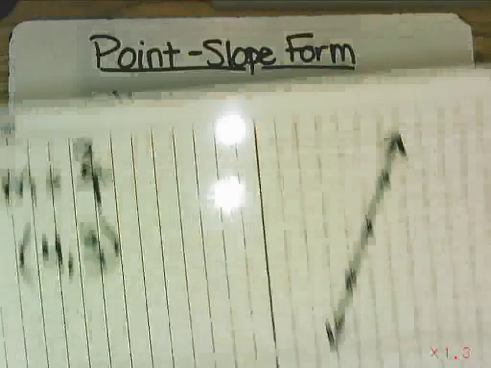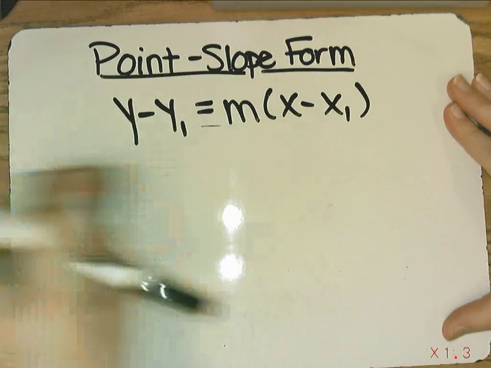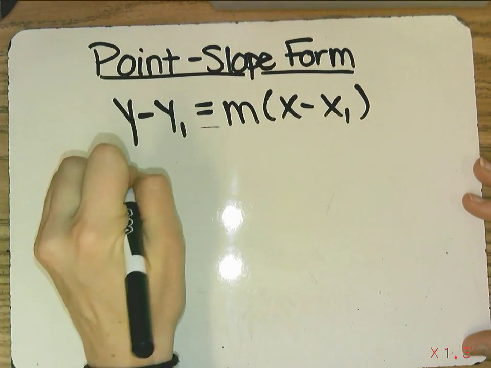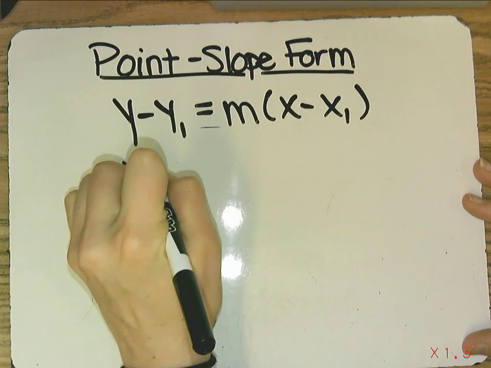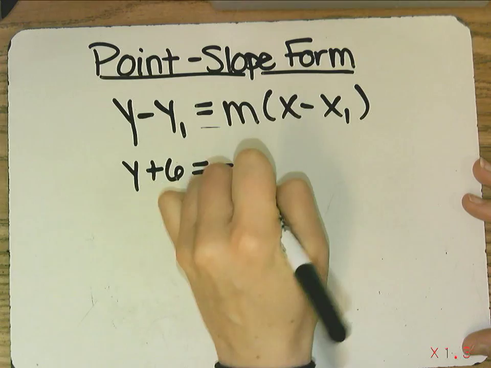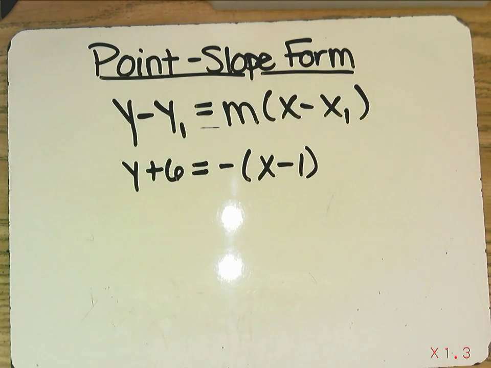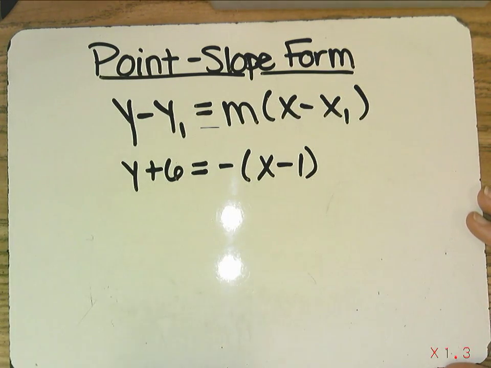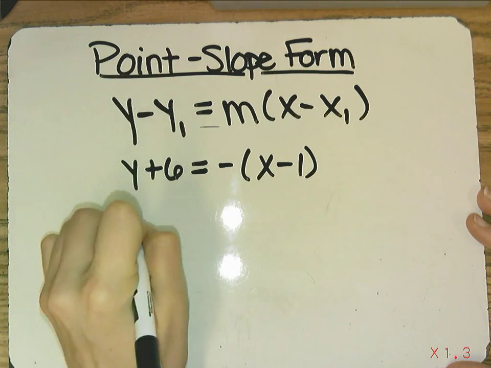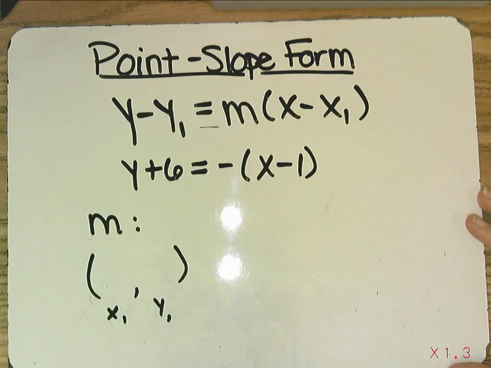Let's try another one. Let's say we had y plus 6 equals negative x minus 1. So here, this is a little bit trickier, but I'm going to take the same steps. I'm first going to look for my slope, and then I'm going to look for my x1 and y1.